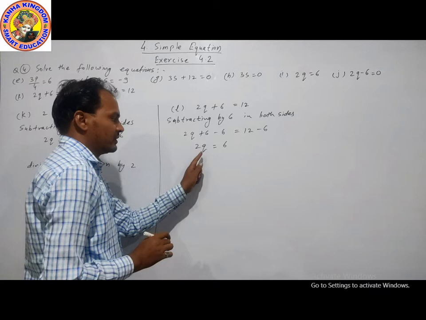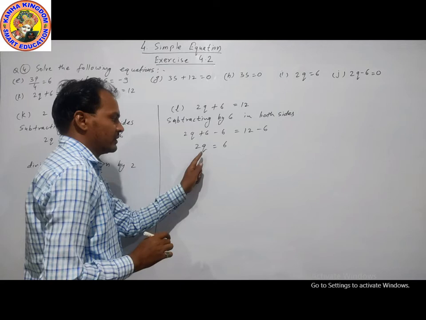First of all, we will remove plus and minus. So here is plus 5 by 2, so we will subtract 5 by 2. Subtracting 5 by 2 on both sides.